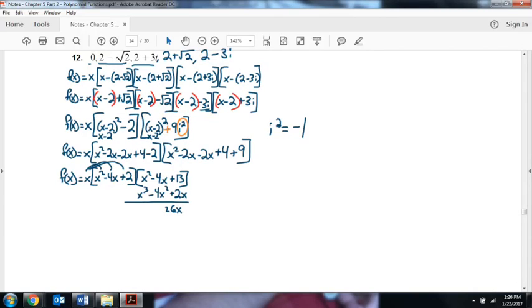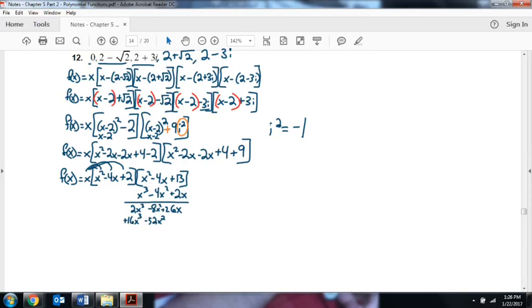2x times negative 4 is negative 8x squared. 2x times x squared is positive 2x cubed. Negative 4x squared times 13, 13 times 4 is 52. Yes, that's negative 52x squared. Negative 4 times negative 4 is positive 16, so that's positive 16x cubed.